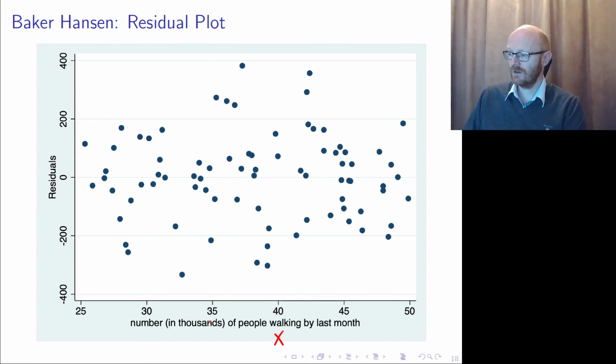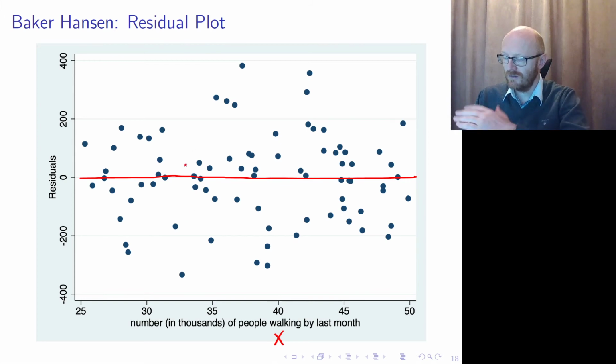Because the number of people walking by last month in thousands is the x, and then you see that the average of these residuals are centered around 0, which is good because they should be, and we see that they have no apparent pattern.